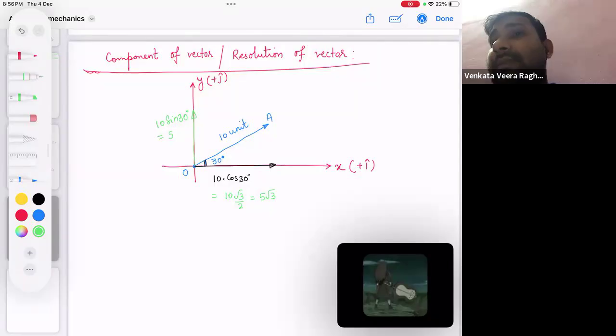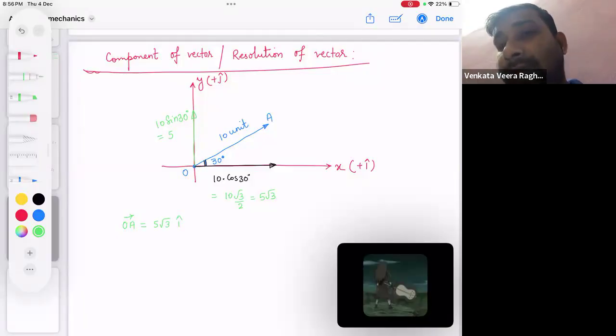That is my answer. But sometimes they will ask you in the question, write OA in the vector form. Can you write this OA as 5 root 3 in magnitude, and in which direction does that 5 root 3 magnitude come? Along the y-axis? Positive x-axis, tell me. So the 5 root 3 magnitude is along the positive x-axis.